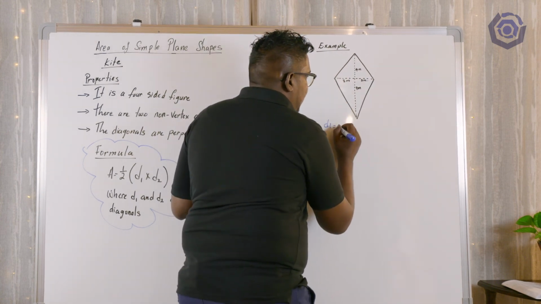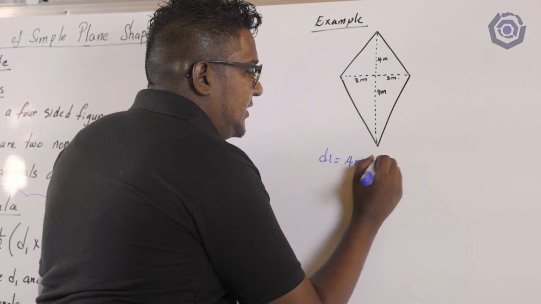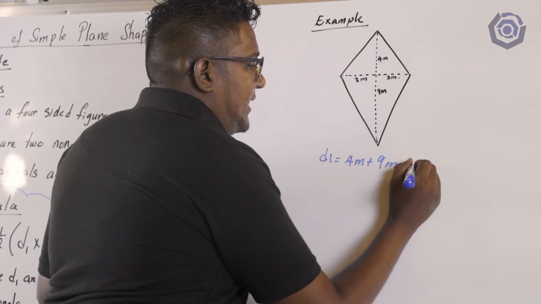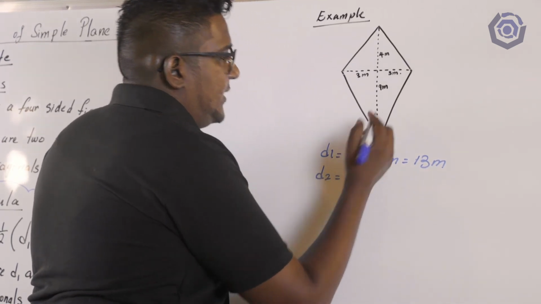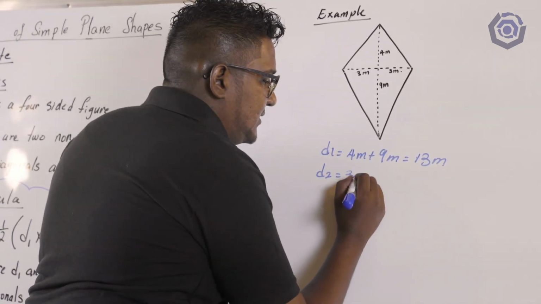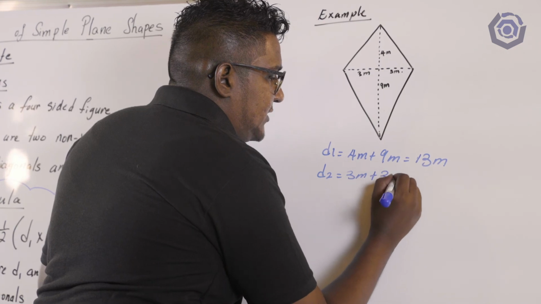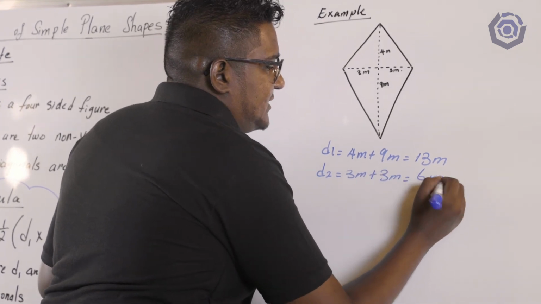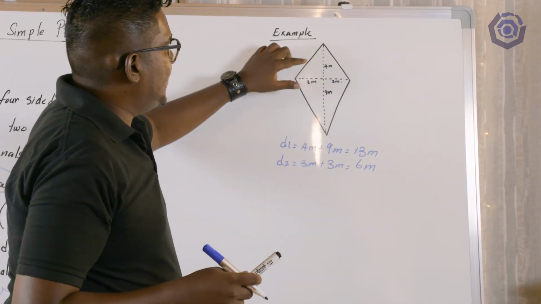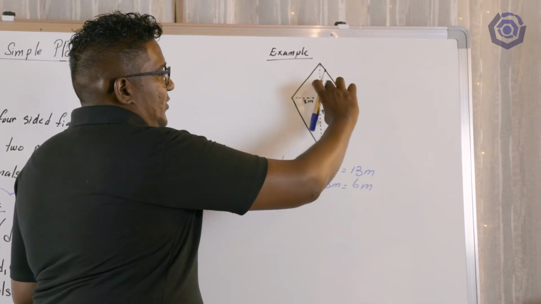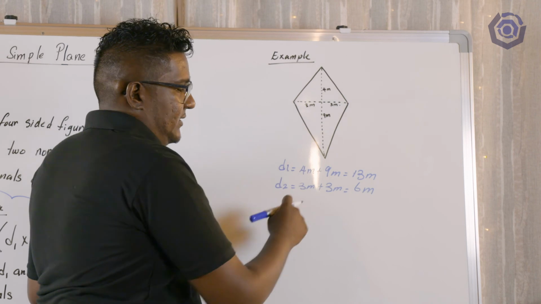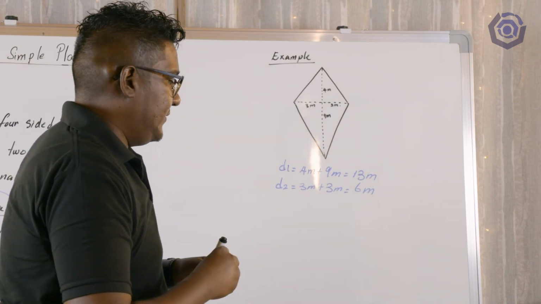So D1 is going to be 4 meters plus 9 meters, and that's going to give me 13 meters. And D2 is going to be 3 meters plus 3 meters, and that's going to give me 6 meters. In some cases, you would only get one length for each diagonal, but if you're given it in parts, you have to add the parts to get the length of each diagonal.